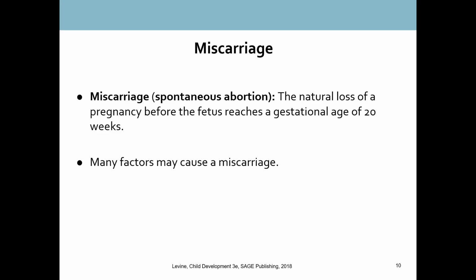When a miscarriage happens during the first trimester, during the first 3 months, approximately 50 to 80% of those are caused by chromosomal abnormalities.